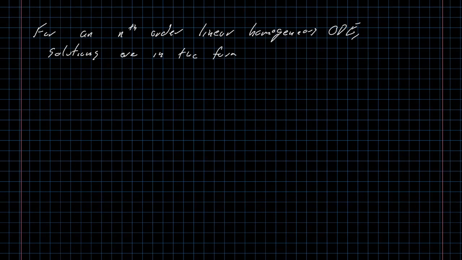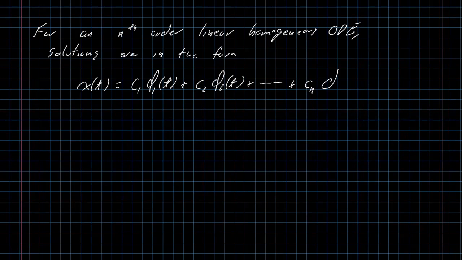For an nth order linear homogeneous ordinary differential equation, solutions are going to be in the form x of t is equal to c1 times phi1 of t plus c2 times phi2 of t plus dot dot dot plus cn times phi n of t, where phi1, phi2 down through to phi n are linearly independent functions which form a fundamental set of solutions.